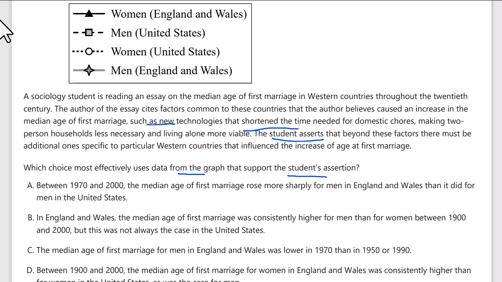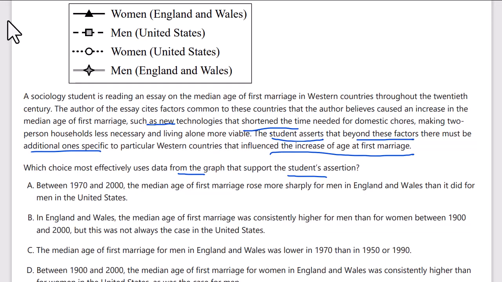The student asserts that beyond these factors, there must be additional ones specific to particular Western countries that influence the increase of age at first marriage. So he's asserting that there are other factors beyond just the technology change that influence the increased first marriage age.